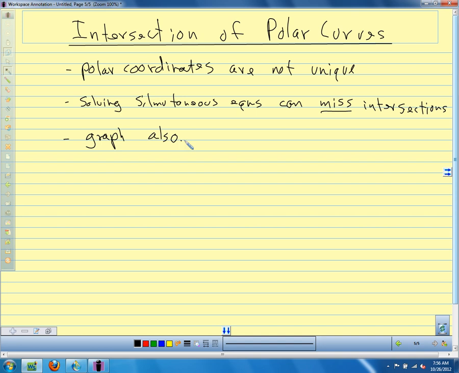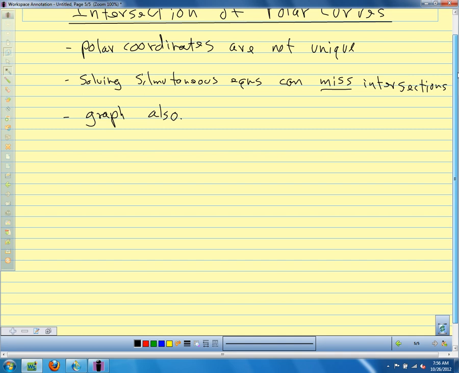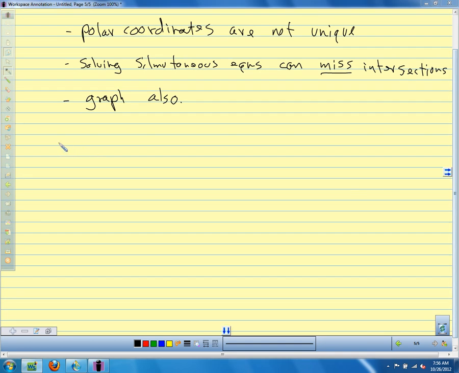So let's look at an example of where we have a difficulty with this. If we look at r equals 2 sine theta and r equals 2 cosine theta, each of these is a circle.